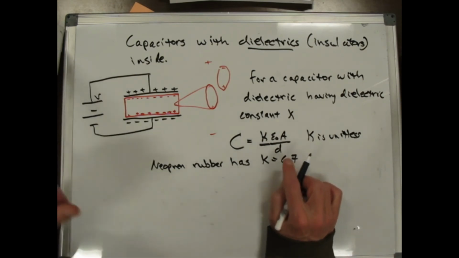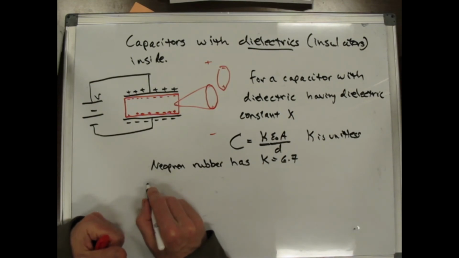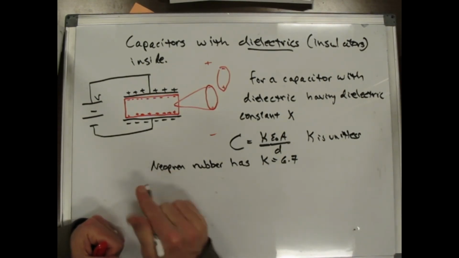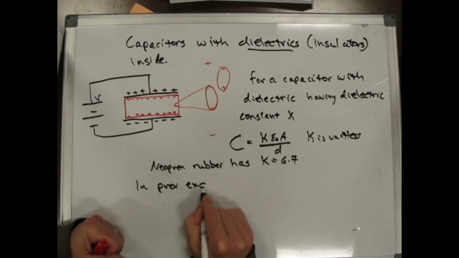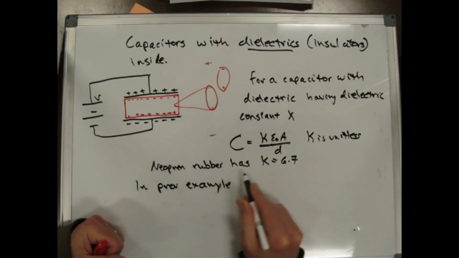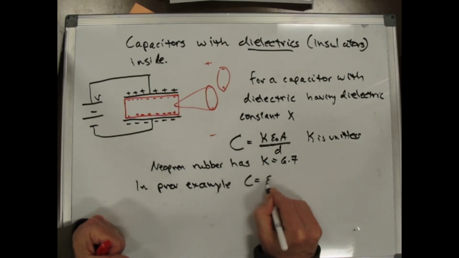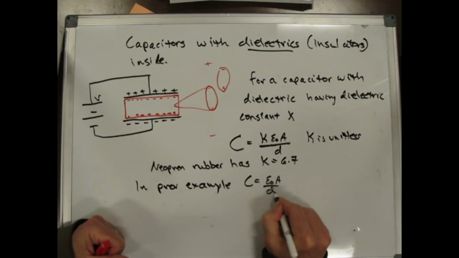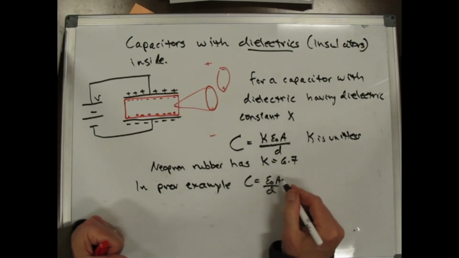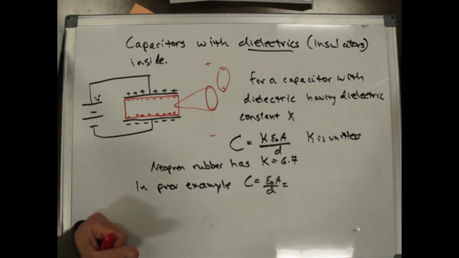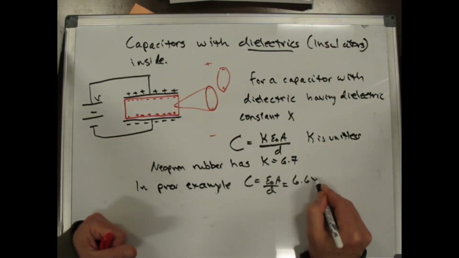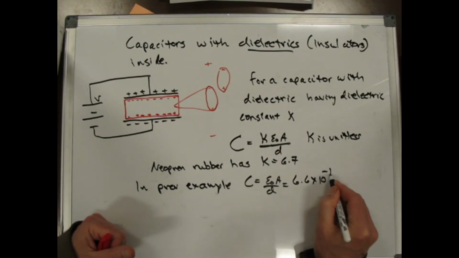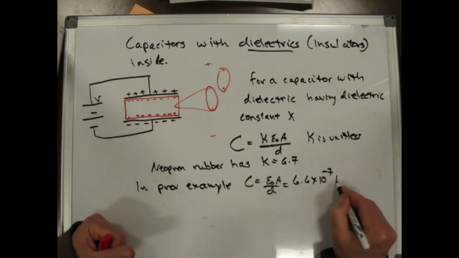And so in the previous example, what we got for the capacitance of that capacitor was 6.6 times 10 to the minus 7 farads.